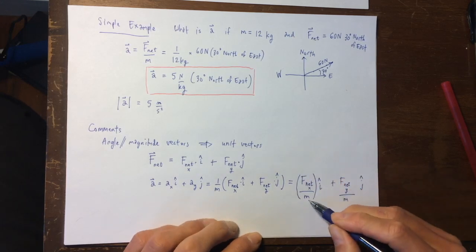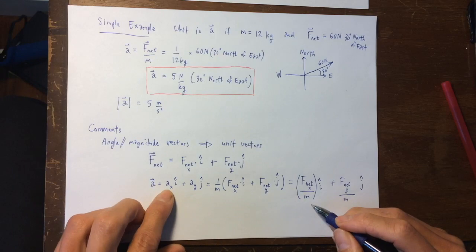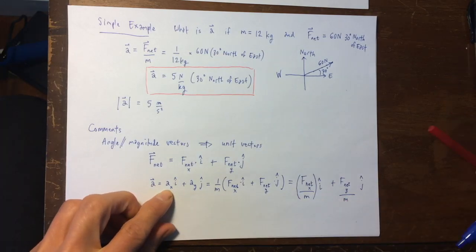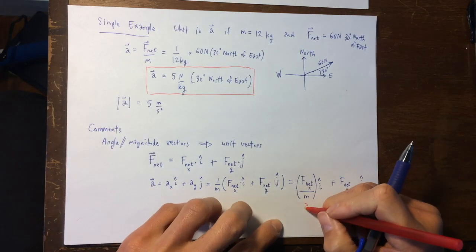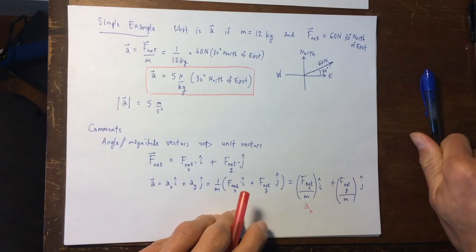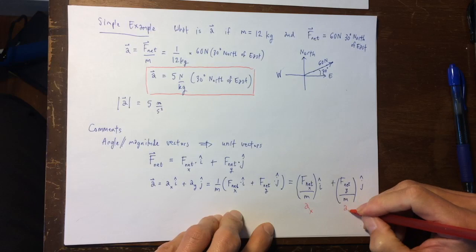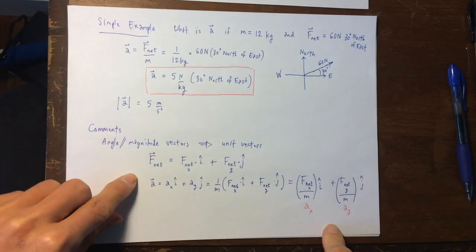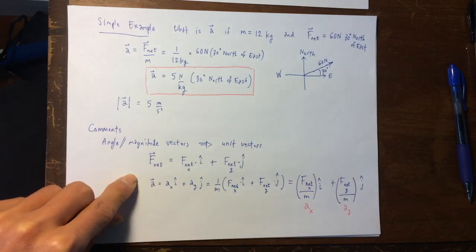This thing I just put a parenthesis around is a sub x. And this thing I'm putting a parenthesis around now is a sub y. That is Newton's second law. You can use it component by component.